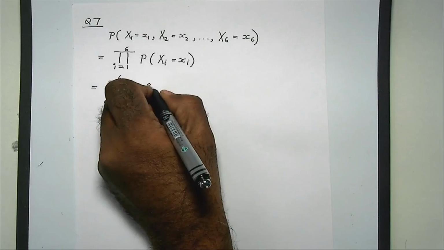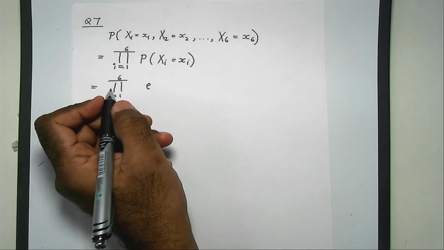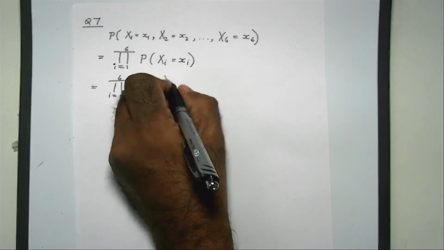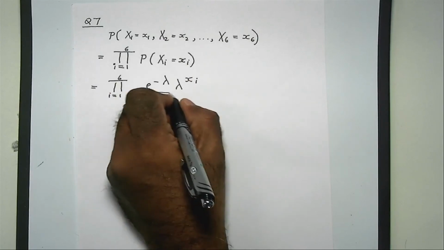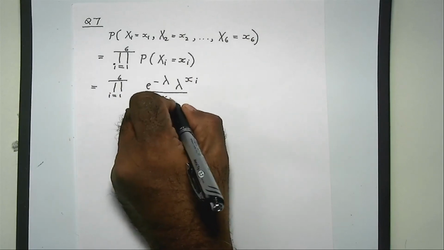You know the probability mass function for Poisson, which is e to the minus lambda, lambda to the power xi, divided by xi factorial.